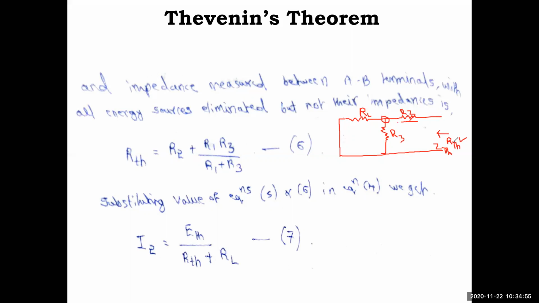That becomes your RTH. So it is written straight away: RTH is equal to R2 plus R1 in parallel with R3. For two resistors in parallel, the formula is the multiplication of the two resistances divided by the total resistance. That's why RTH equals R2 plus R1 R3 by R1 plus R3. This is equation number 6.